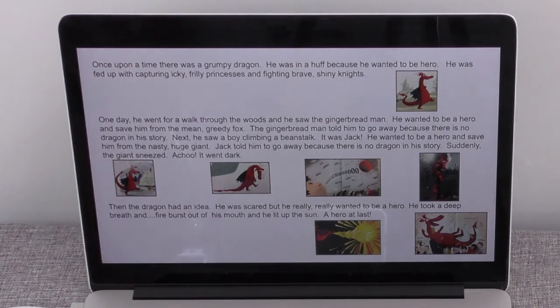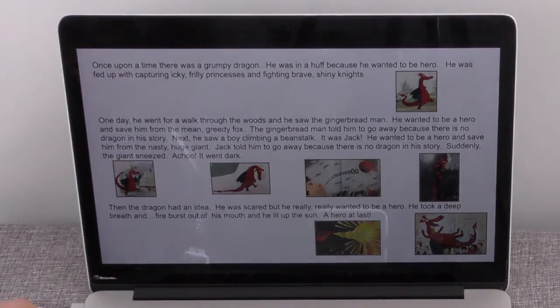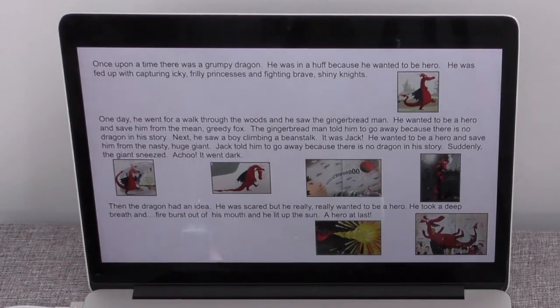Jack told him to go away because there is no dragon in his story. Suddenly, the giant sneezed. Achoo! It went dark. Then the dragon had an idea. He was scared, but he really, really wanted to be a hero. He took a deep breath and fire burst out of his mouth and he lit up the sun. A hero at last.